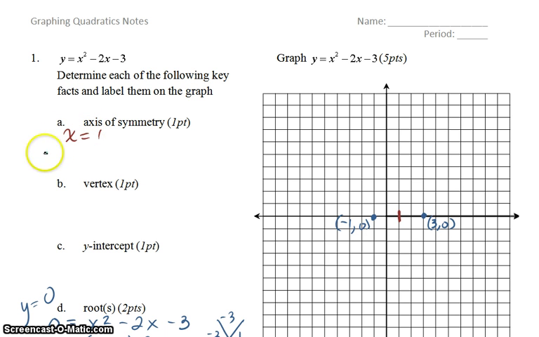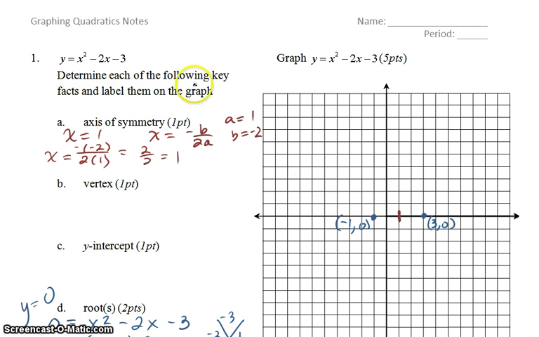I'm going to verify that with the formula. x equals negative b over 2a. So a is 1 and b is negative 2. So I have x equals negative negative 2 over 2 times 1, which is positive 2 over 2, or 1. So x equals 1 is correct.